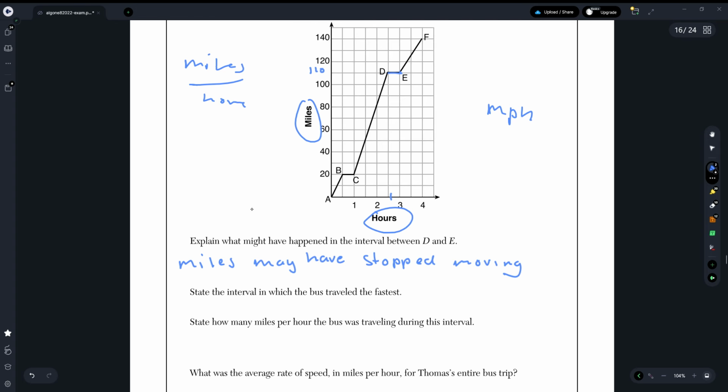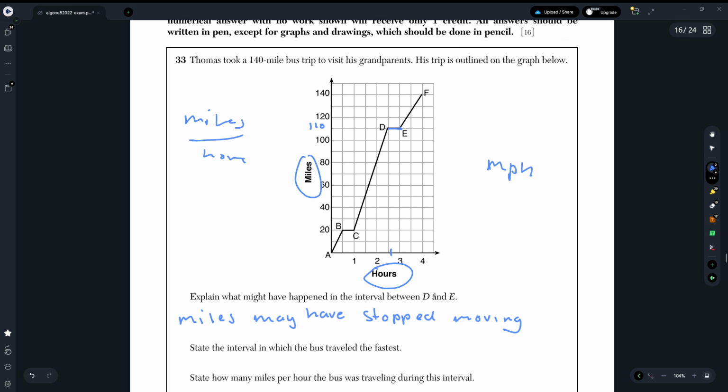Right? So next it asks us to state the interval in which the bus traveled the fastest, right? So the interval where he traveled the fastest. Well, let's see here. Traveling the fastest is pretty much asking us which one of these intervals has the steepest slope, because that's how you figure that one out.